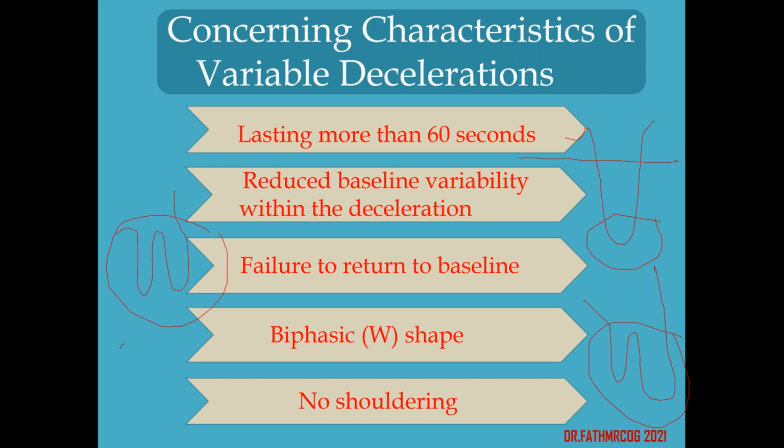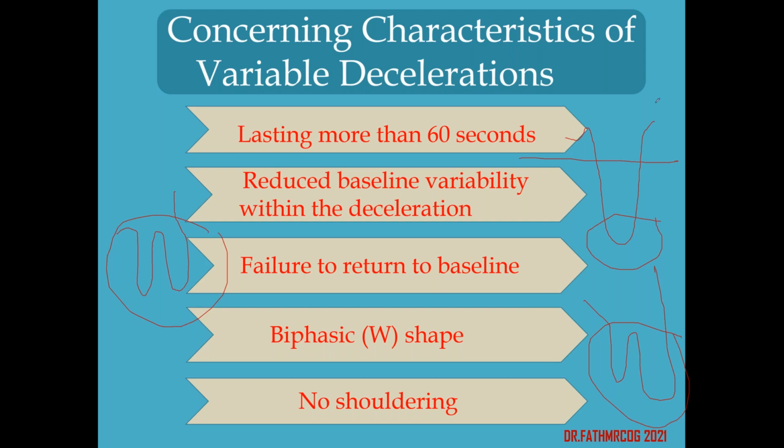I have a different question. Let's say the fetal heart rate was about 150, then after deceleration it comes back around 120. Does it consider normal? It will not return to the same baseline, a different baseline but less than the first one. If it failed to return to baseline, this is one of the concerning characteristics.